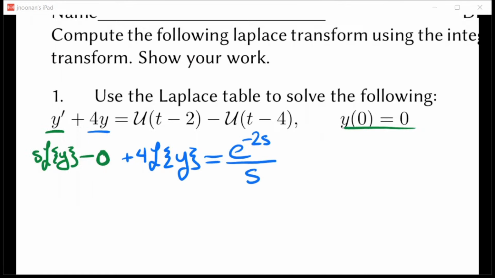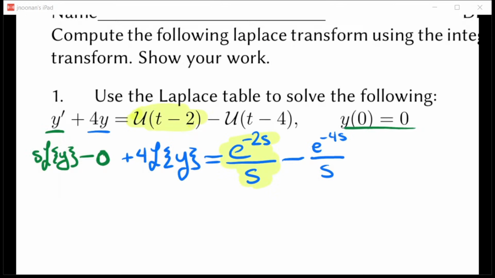Avin, what about minus u of t minus 4? That would be minus e to the negative 4s over s. Same thing as what Megan said. I didn't color code those, so I can always highlight them. It's pretty straightforward, isn't it?